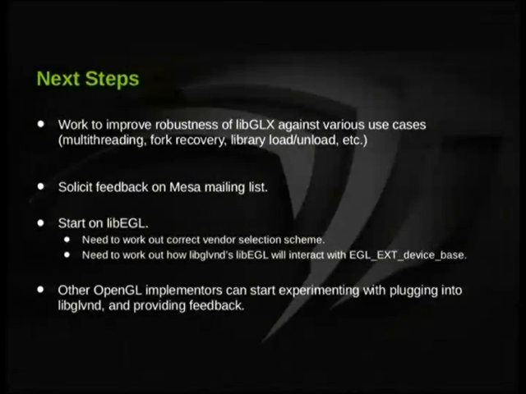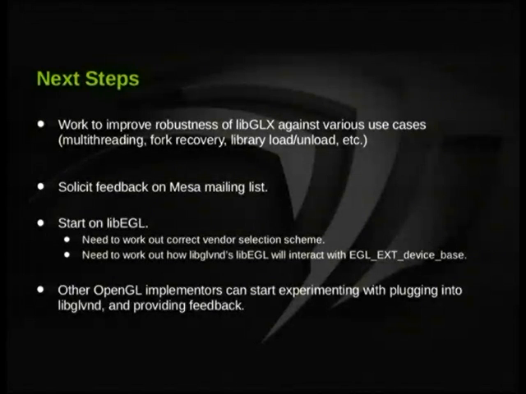So some next steps. We'll run this library through a bunch of other use cases, interaction with multi-threading, with fork recovery, with loading and unloading, and all those sorts of fun shared library interactions. So we'll hammer on that and try to fix the bugs we find. We'll start a new thread on the Mesa development list to try to solicit some feedback there. So far, we've only implemented libOpenGL and libGLX.